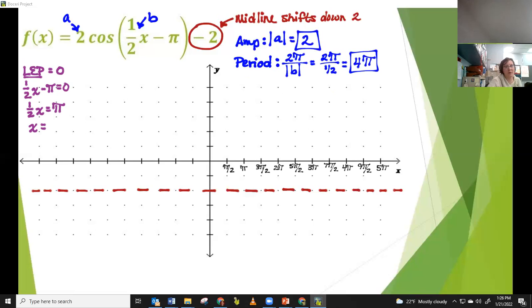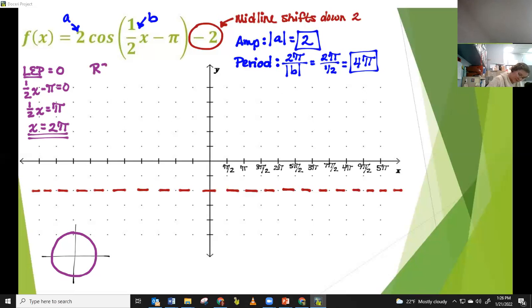Where will my left endpoint be? Two pi, yes. So here's my left endpoint.